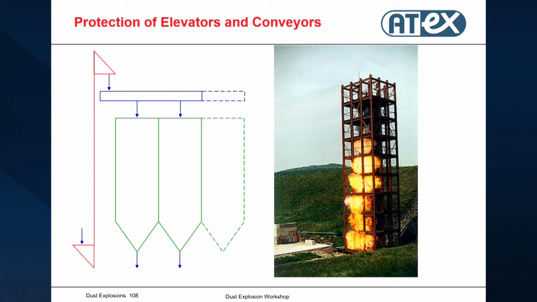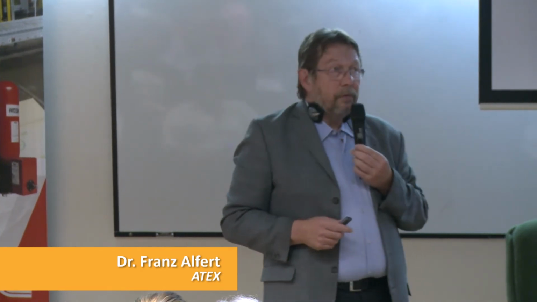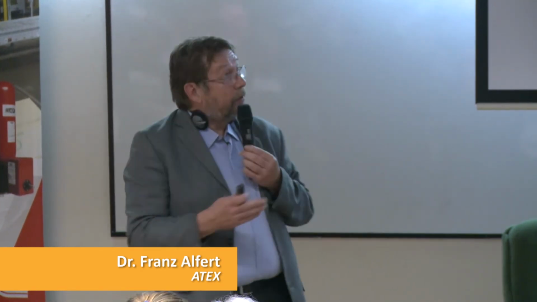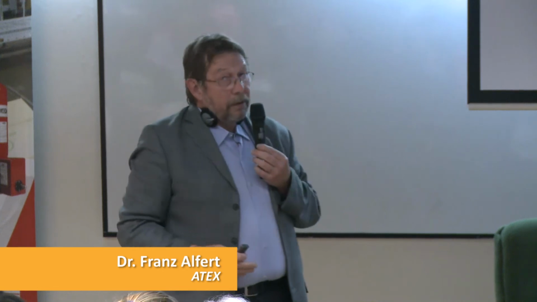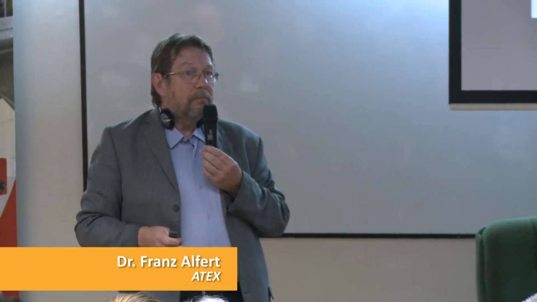And you still need explosion isolation. So in many cases, if an elevator is outside, then that is a nice and easy way to get rid of the flames, but the elevator will be damaged and it has to be repaired.